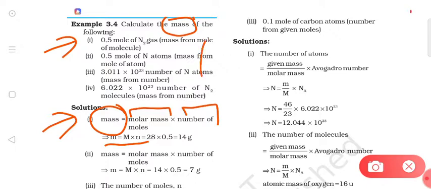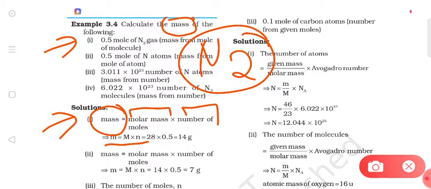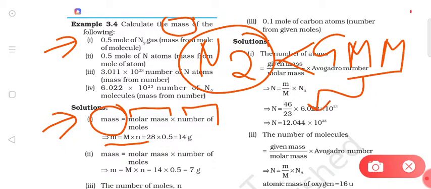We know that nitrogen exists in the form of nitrogen molecules. So in order to find the molar mass of nitrogen gas, we have to know the gram molecular mass. For gram molecular mass, we need to know the molecular mass. And we know that the molecule is made up of 2 nitrogen atoms, and the atomic mass of a nitrogen atom is 14 u.